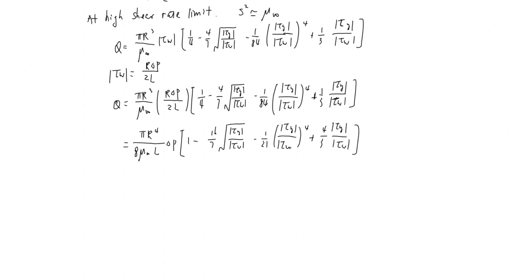You can think of this as a correction term due to the Casson fluid, as compared to the Newtonian fluid. So this Q, this expression, you can think of as the Casson fluid analogue of the Hagen-Poiseuille law.